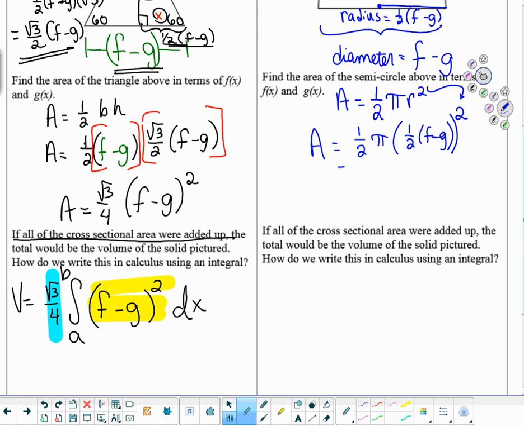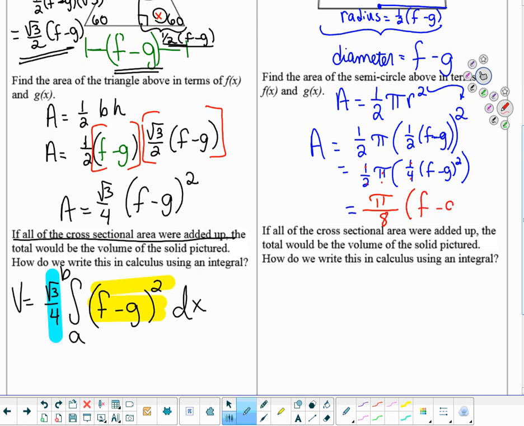Let's square that. We got 2 lines to finish up here, so leave a little space. Squaring 1/2 makes 1/4. F minus g quantity squared. Oh wow, we've seen that before. Things getting squared. Now let's multiply. Pi times 1 gives me pi on top. 2 times 1 times 4 gives me 8 on the bottom.